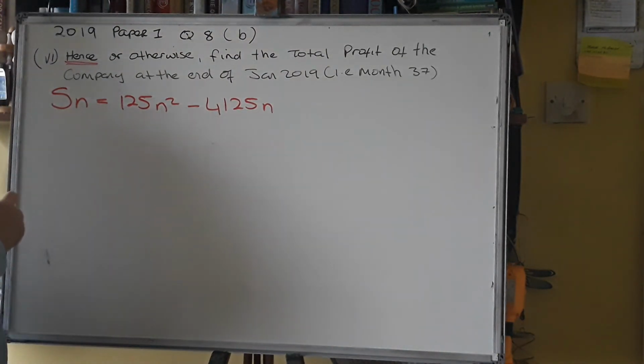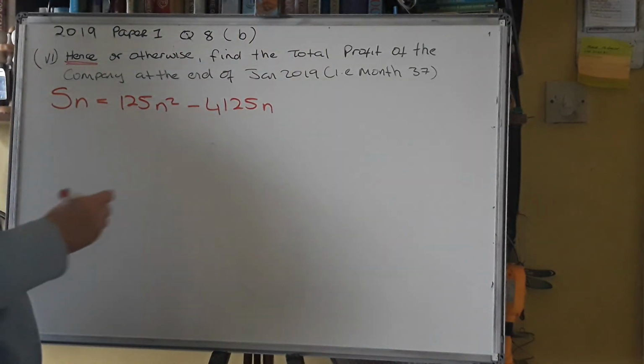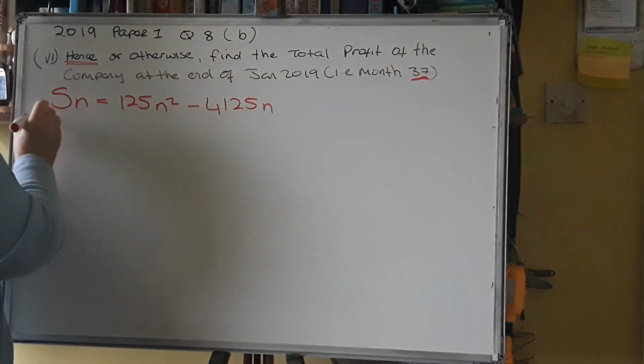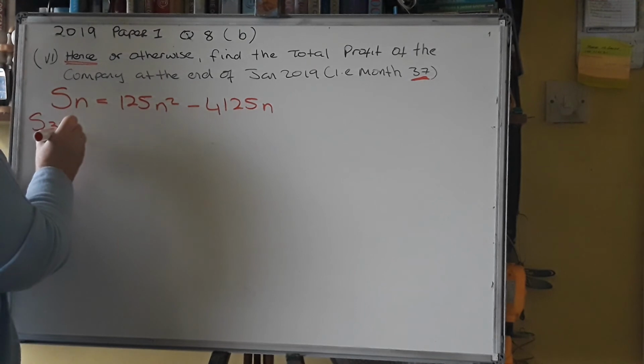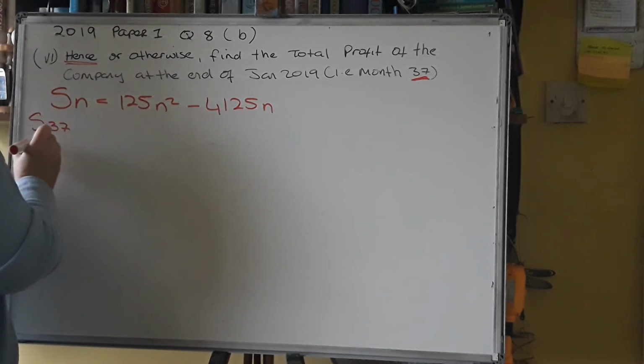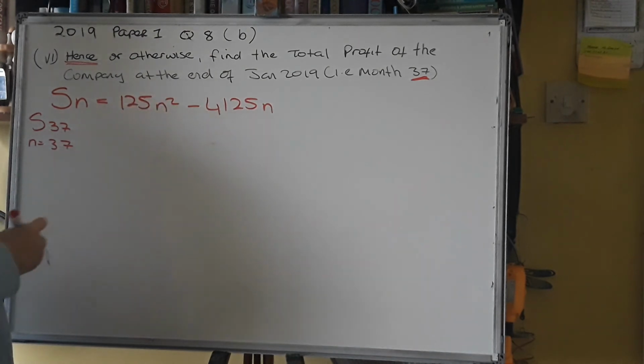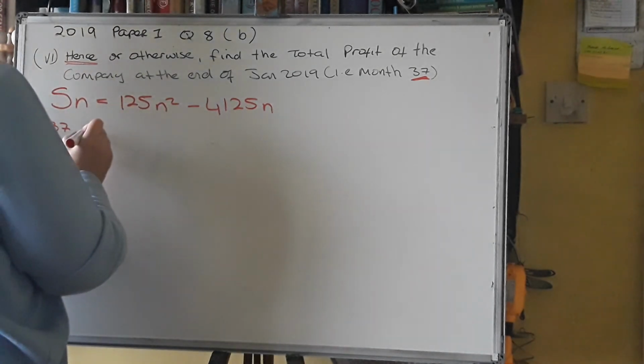They want you to use that. So we know that it's month 37. So it's S37. So the n equals 37. So we're going to put 37 in instead of the n's. Okay?